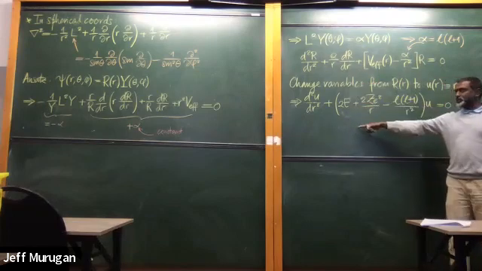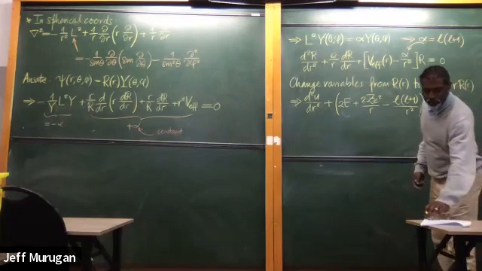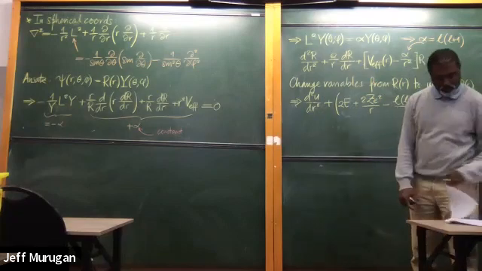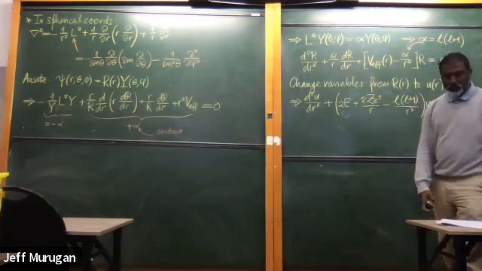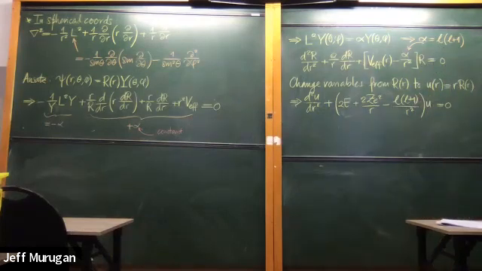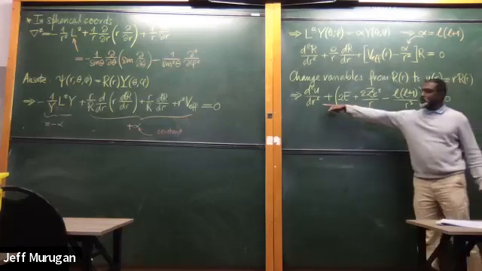So the differential equation for U is a second order differential equation that doesn't have any first derivative. So to proceed, what I do is the following. I rescale my independent variable.